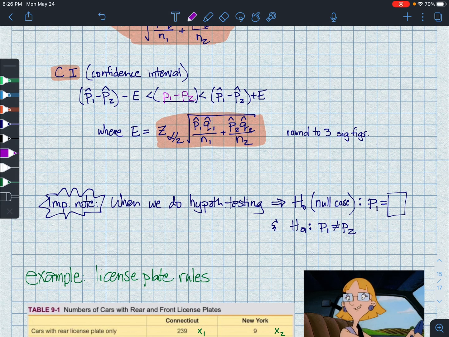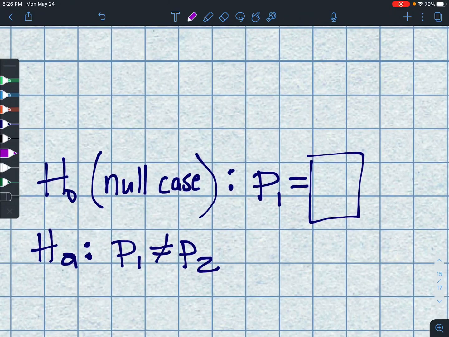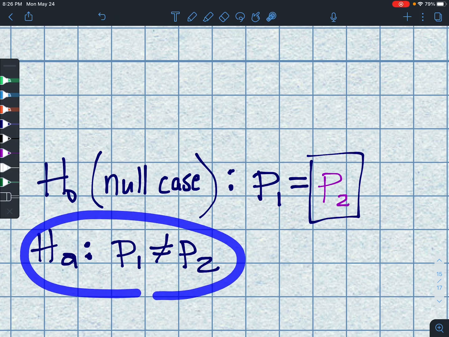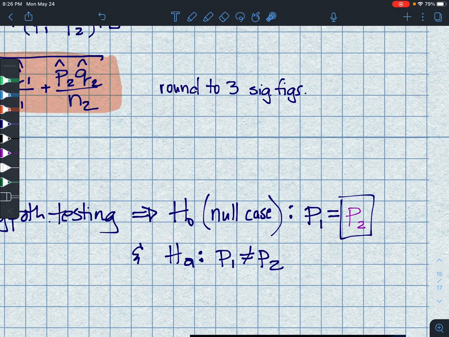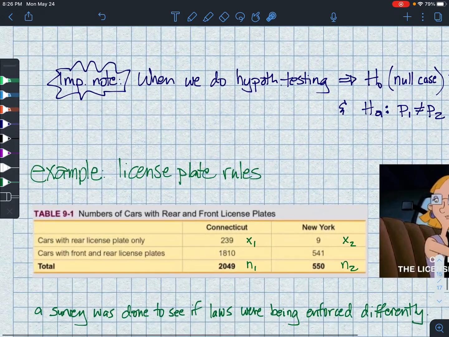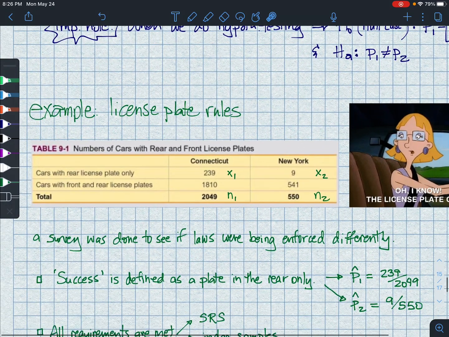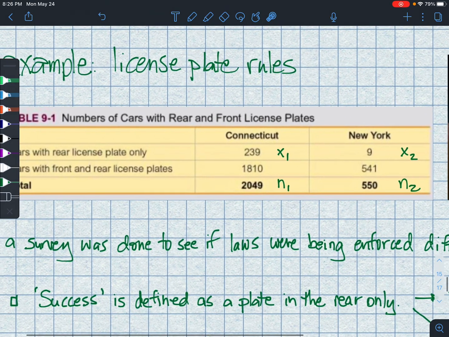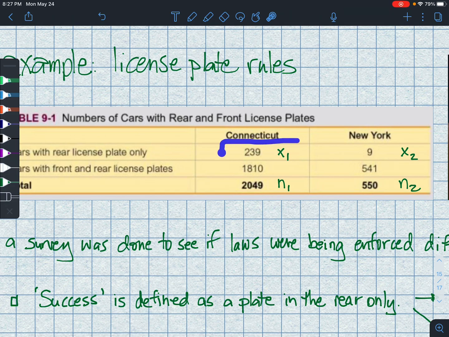Important note. When we do the hypothesis testing, the null case will always be p1 equals p2. So then our alternative case will be when they don't equal each other. The one big example here is license plates. Somehow in Connecticut, the laws are a little bit looser with those who have rear license plates as opposed to New York, where it is more strict.